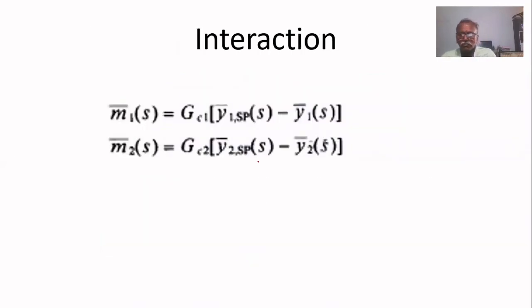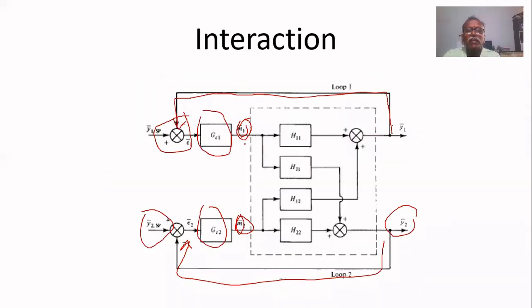So from this loop, we can write what is m1. M1 equals this error multiplied by GC1. What is this error?